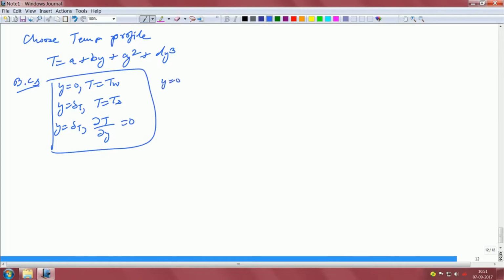And similar to the velocity boundary condition, similar to all these boundary conditions we get this also.